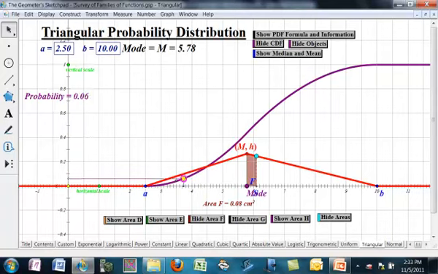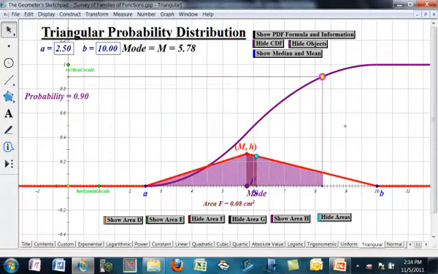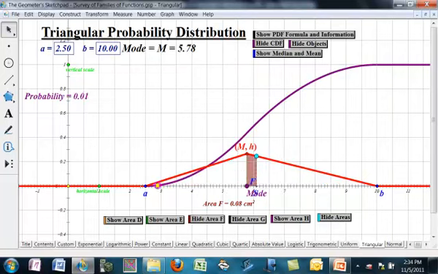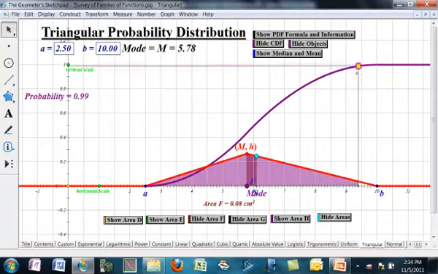And notice that as this point moves to the right, we're picking up more and more area as we go to the right, approaching totally an area of 1 at the end. So it starts with an area of 0, picks up more and more area as we go to the right. And the area here that we have shaded is the same as the y value that we have here. So for example, right now we're at 0.8, and it goes on up.